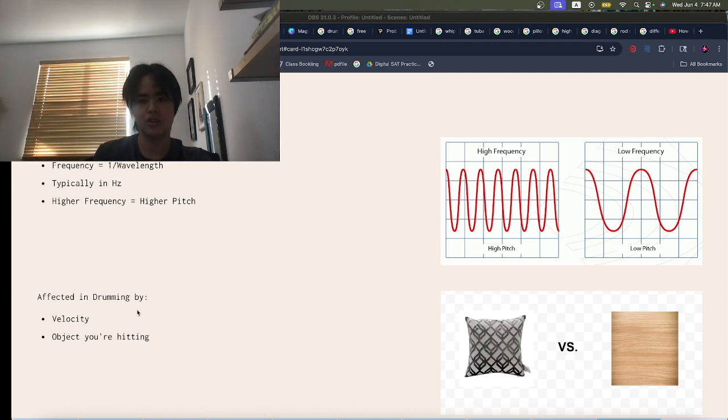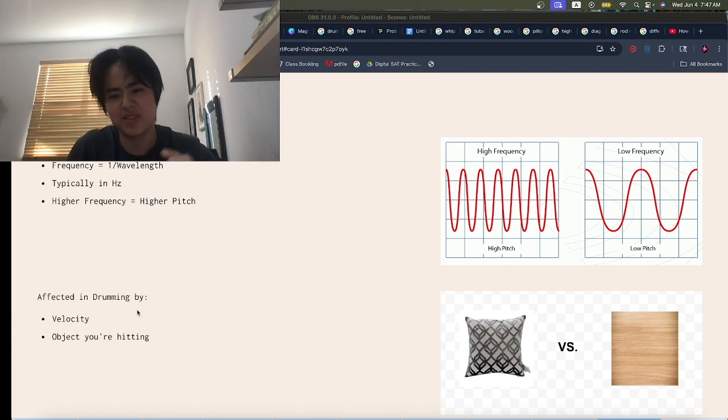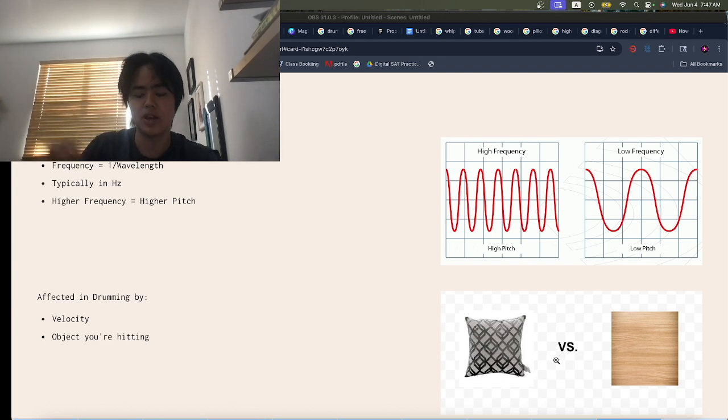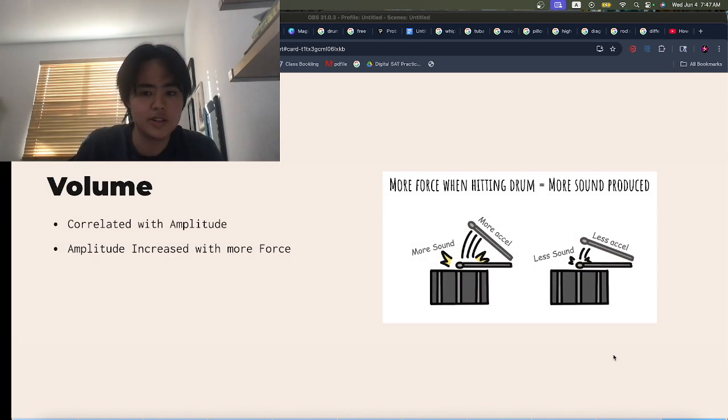If you hit the drum faster, it will have a higher frequency and a higher pitch. You can try this out right now by hitting your desk or something. And then in addition, the object you're hitting matters. Softer objects will absorb the sound wave and make the frequency lower and the wavelength longer, which will also lower the pitch. That's why if you hit something softer, you have a lower pitch than if you hit something hard like wood.